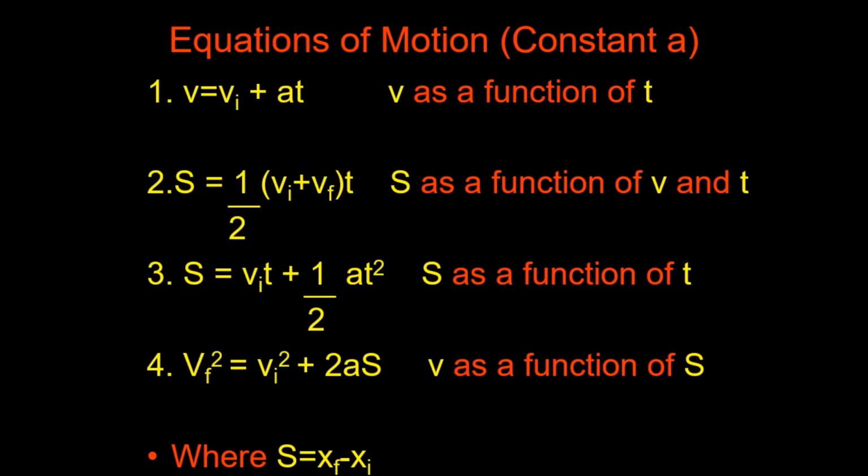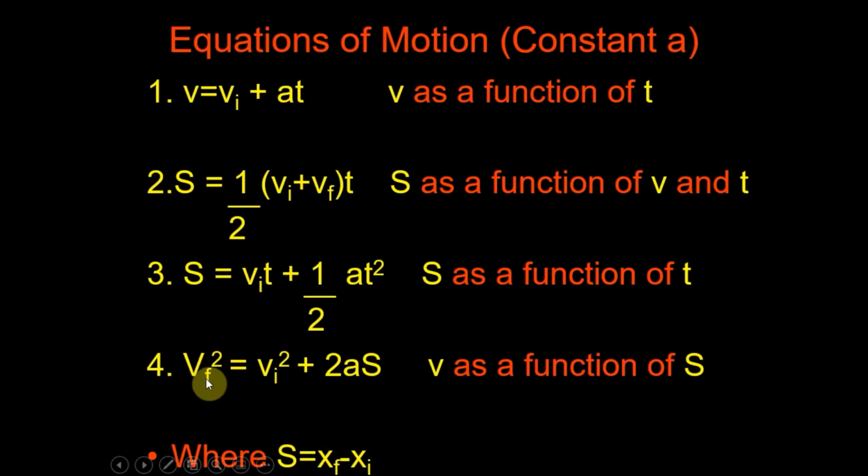But our equations of motion, these 4 basic equations, are right here. The first is one we've already seen in our previous slides. Vf is equal to Vi plus At. S, displacement, is equal to 1/2 (Vi plus Vf) times t, essentially an average of 2 velocities times time. 3 and 4 tend to be the ones that I would refer to the most. 3, S equals Vit plus half At squared.